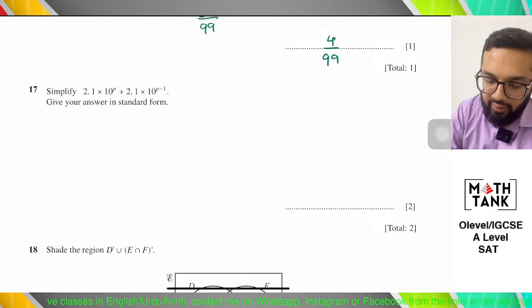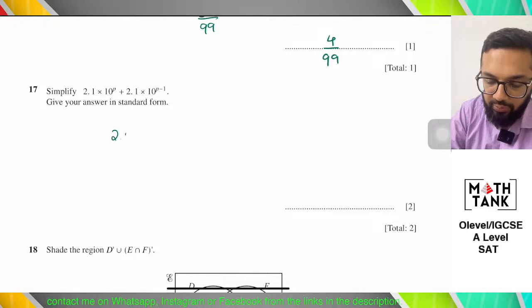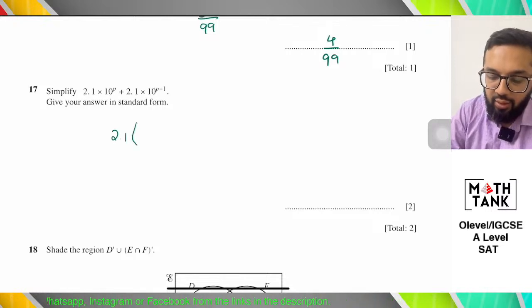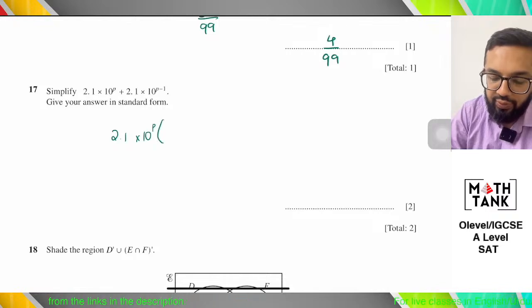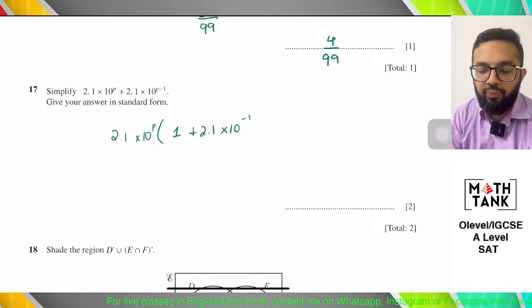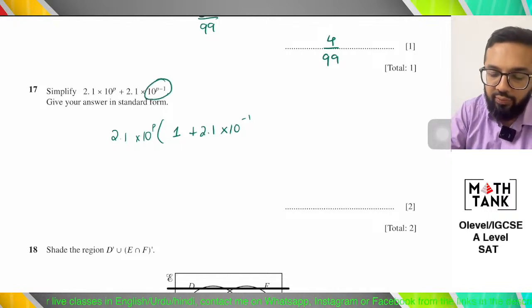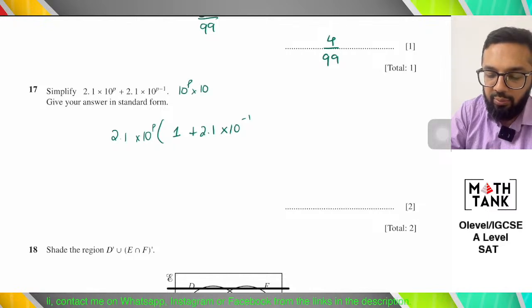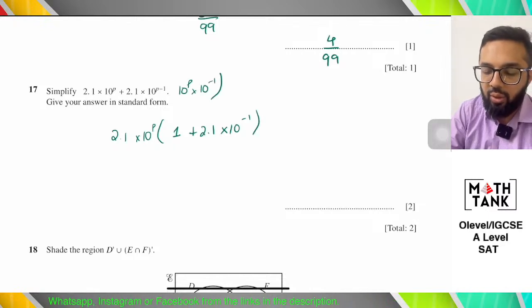What I can see in this is that I have a lot of things common. So 2.1 is common, and so is 10 power p. If I take both of these common, I'm left with 1 plus 2.1 times 10 power minus 1. Okay, I hope you understand that. What I've done is I've basically broken 10 power p into 10 power p times 10 power minus 1, and then I've pulled out a common factor.